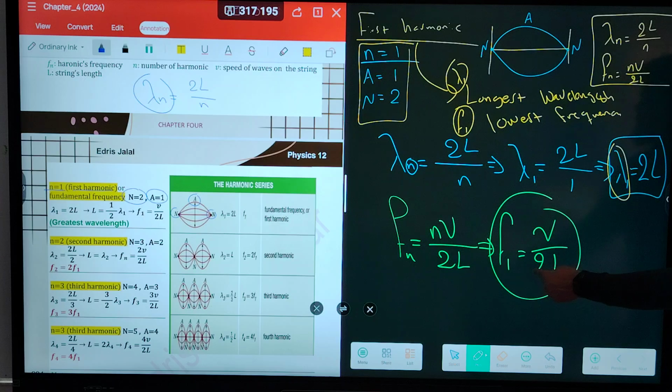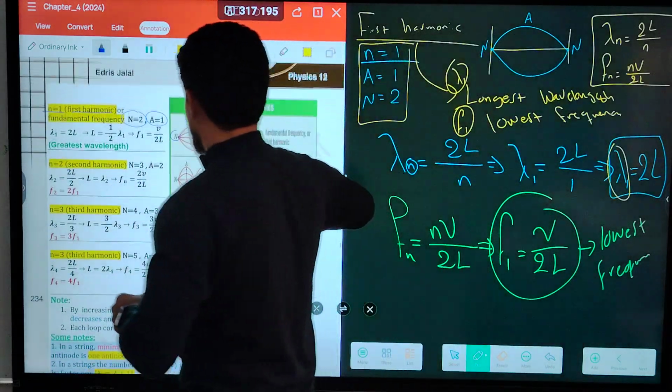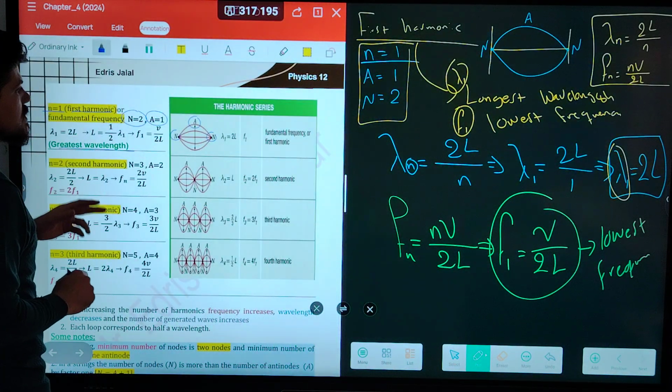What is this? This is the equation of fundamental frequency in a vibrating string in a standing wave. And also you can say this is the lowest frequency. Or greatest wavelength or lowest frequency.